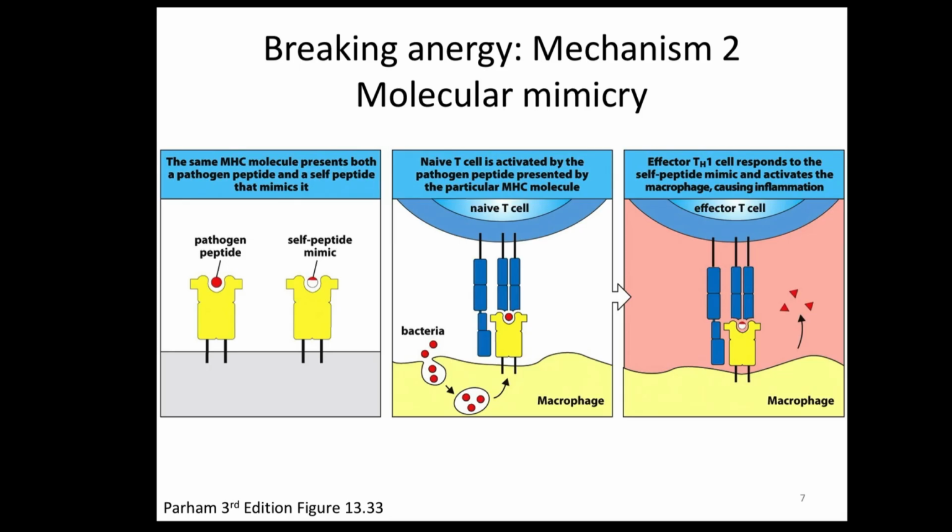So probability-wise, there could be a situation where there is an 8 to 10 amino acid long peptide in the pathogen and in a self protein that are the same. Or we can see a situation where they're not identical, but maybe they have parts that are the same. So here it shows just that the tip part is the same and the rest of it's different. The idea is that they look similar. Exactly how identical they have to be is debated for different times.